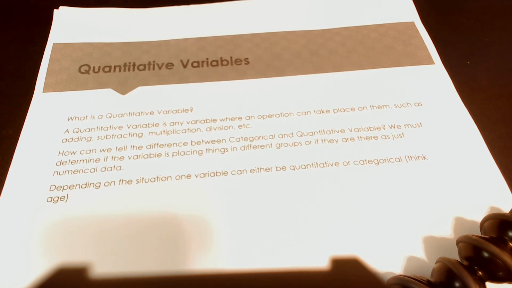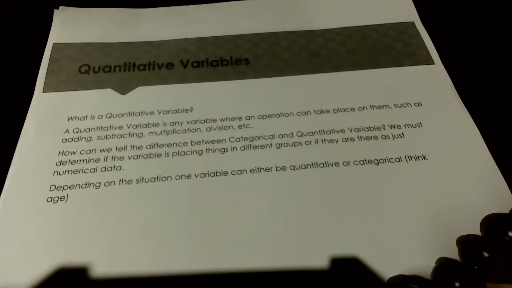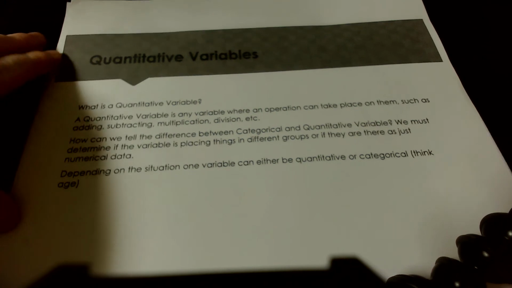It has to be determined whether it's being placed in different groups, or if there are just numerical data. It can definitely be hard to tell sometimes, but as long as you're doing some kind of calculation on your variable, that's quantitative, and if it puts into a category, that would be categorical.